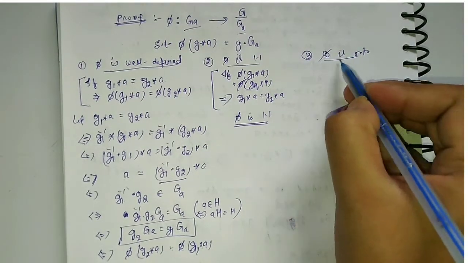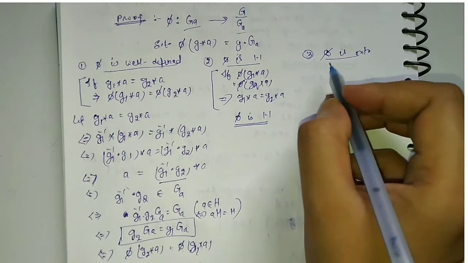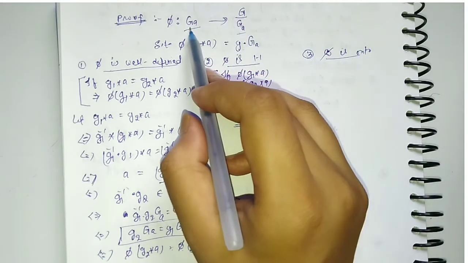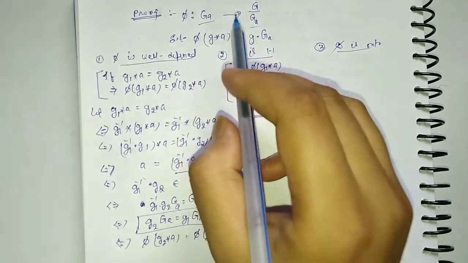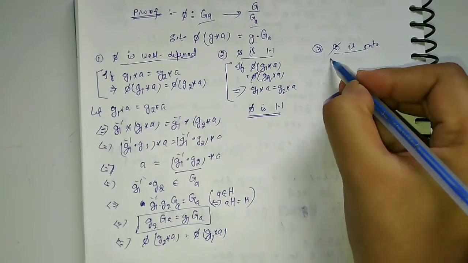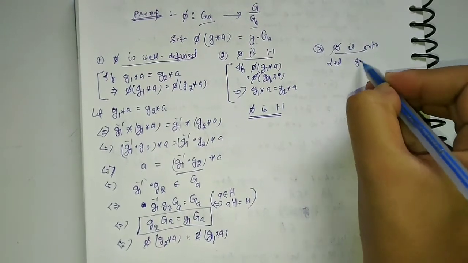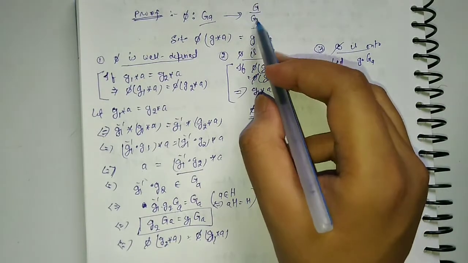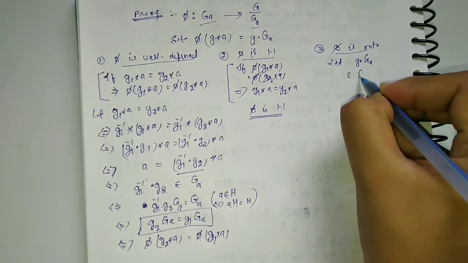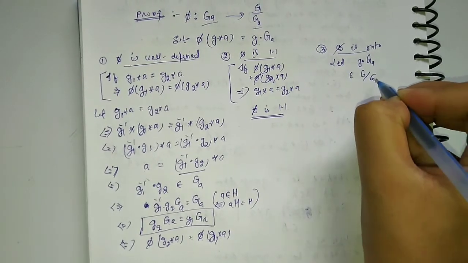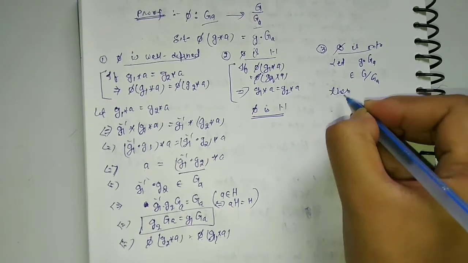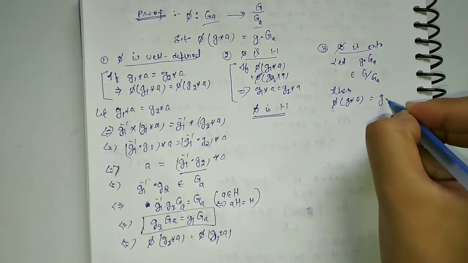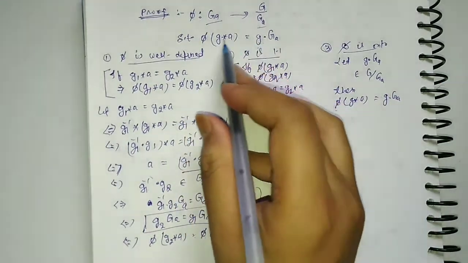Now we have to prove that phi is onto. For onto we know that we have to prove that for any element from the codomain, there exists a pre-image for that element in the domain. So let g dot Ga be any element from the codomain, G upon Ga. Then phi of g star a will be equal to g dot Ga from this definition of phi.